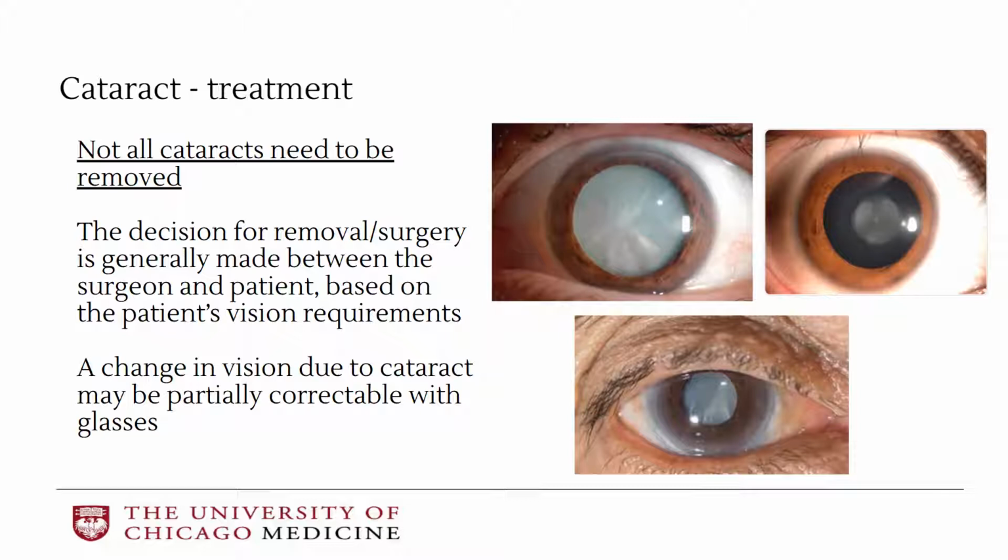For example, somebody who is in their early 60s and drives 30 minutes each way to work, their vision requirements may be different from someone who doesn't drive but enjoys reading versus someone who likes to crochet or do other types of fine needlework. Everyone's vision requirements are different, and the decision should be based on that.